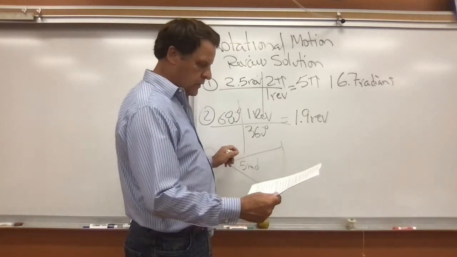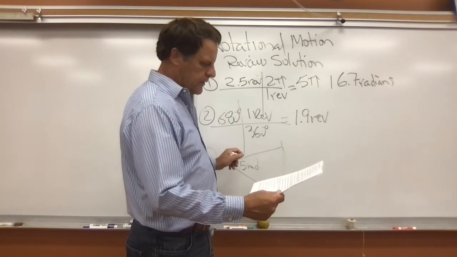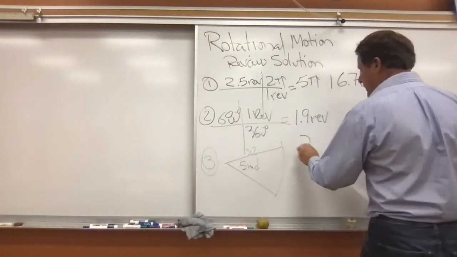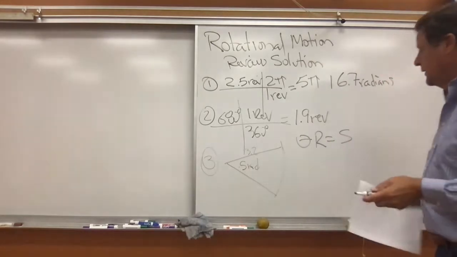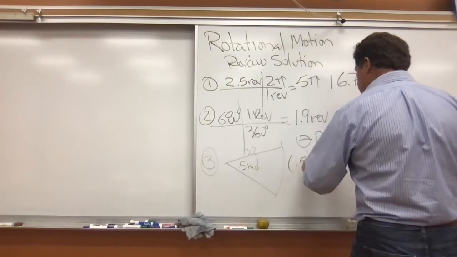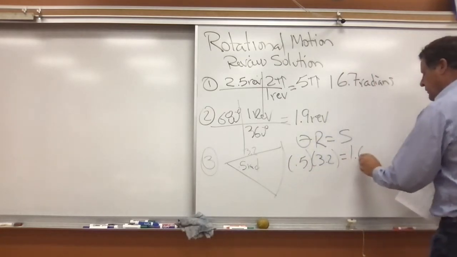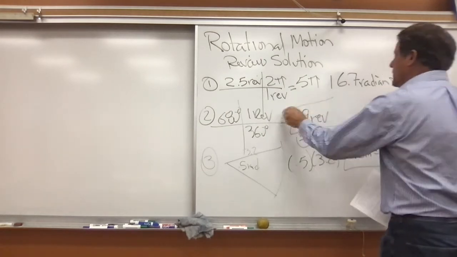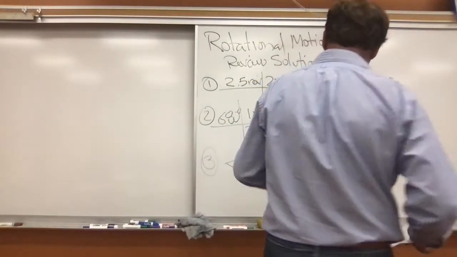Our radius is 3.2. And remember that theta r is equal to the arc length. So we're going to have 0.5 times 3.2, which gives us 1.6 meters, which is equal to the arc length.